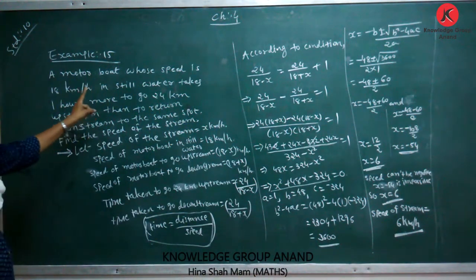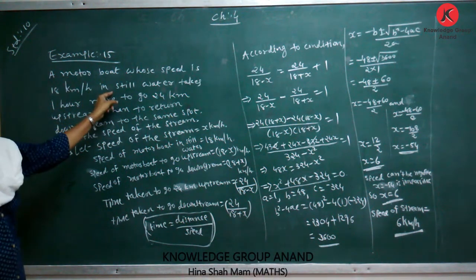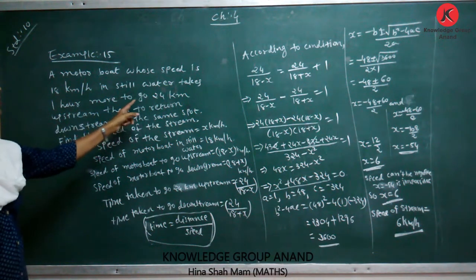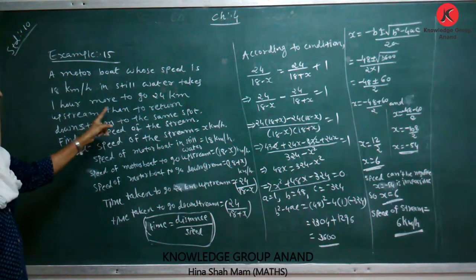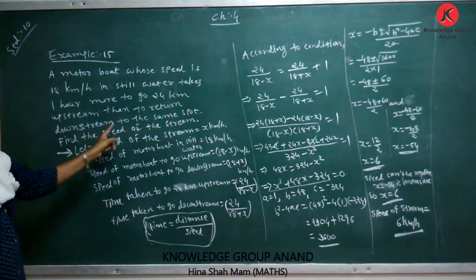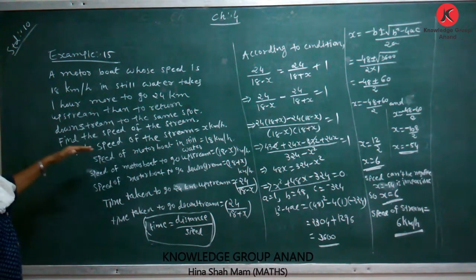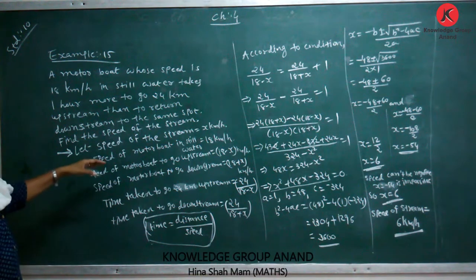Example 15 again. A motorboat whose speed is 18 km per hour in still water takes 1 hour more to go 24 km upstream than to return downstream to the same spot. Find the speed of the stream. Let the speed of the stream be x km per hour.